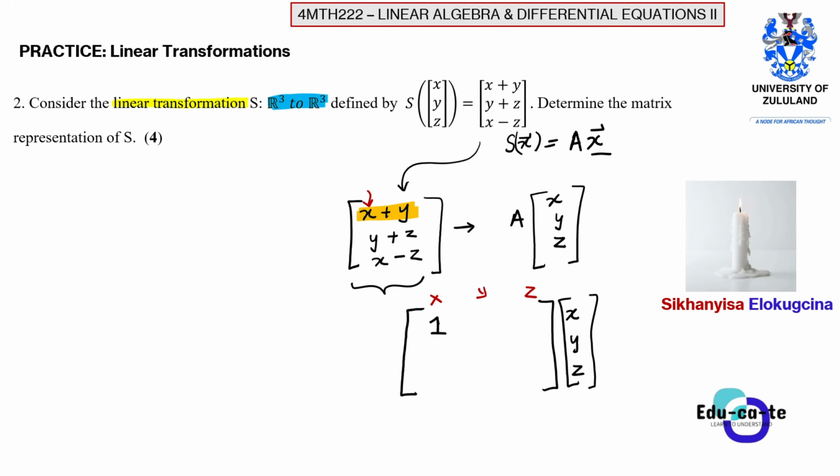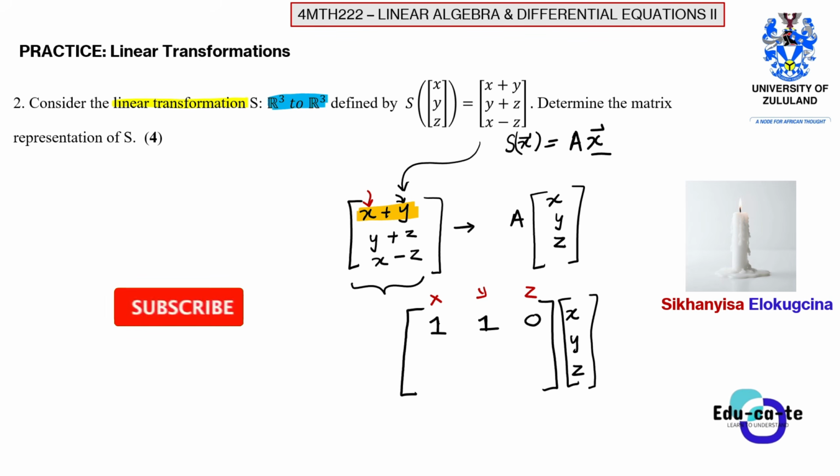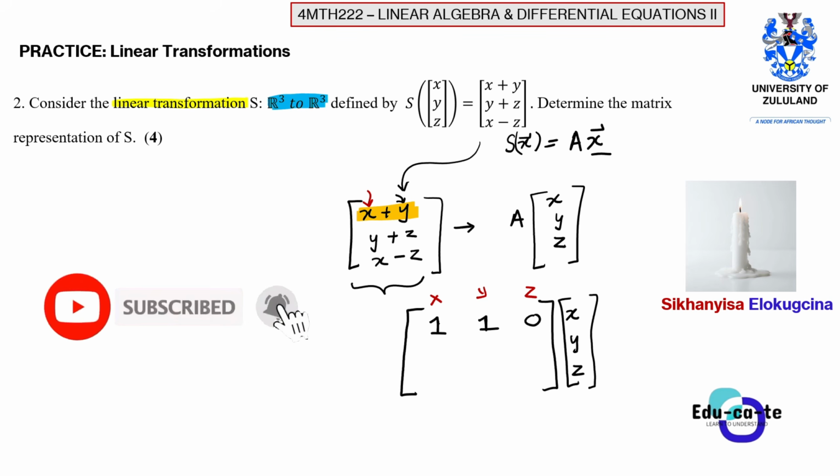And then what else do I have for the first row? I've got Y that is multiplied by 1. So under Y, I can put 1. Do I have Z in the first equation? No, this is just X plus Y. We only have 1X plus 1Y. There is no Z. So essentially, the coefficient of Z for the first row is 0. So we are done with the first row.